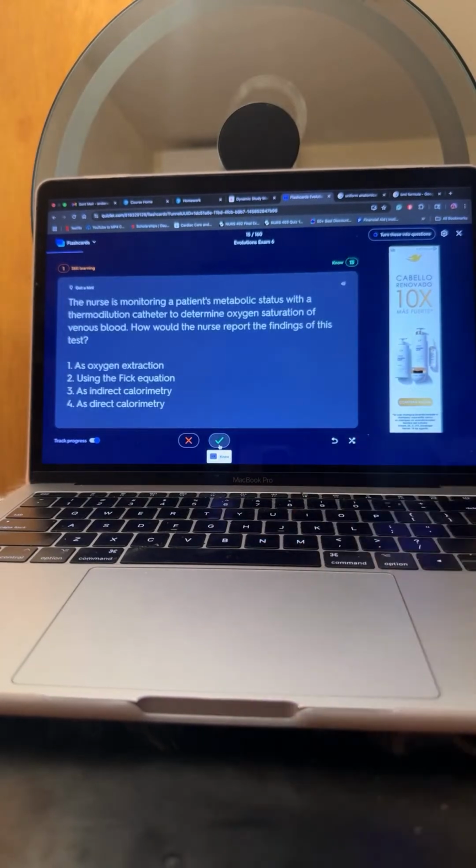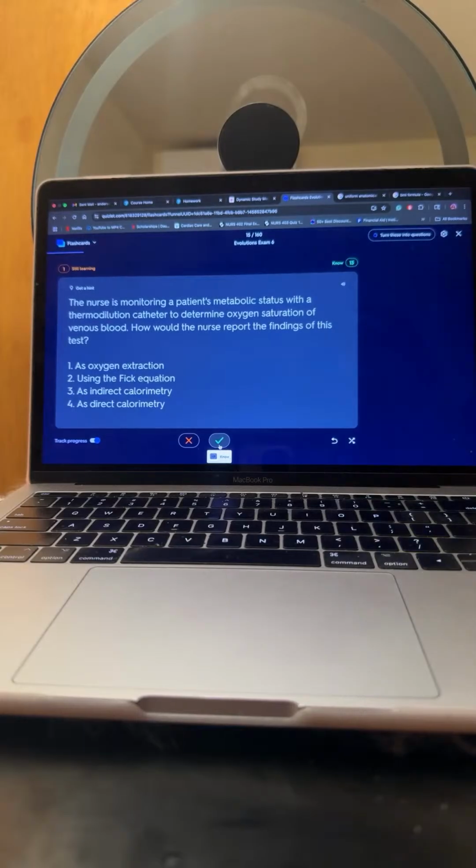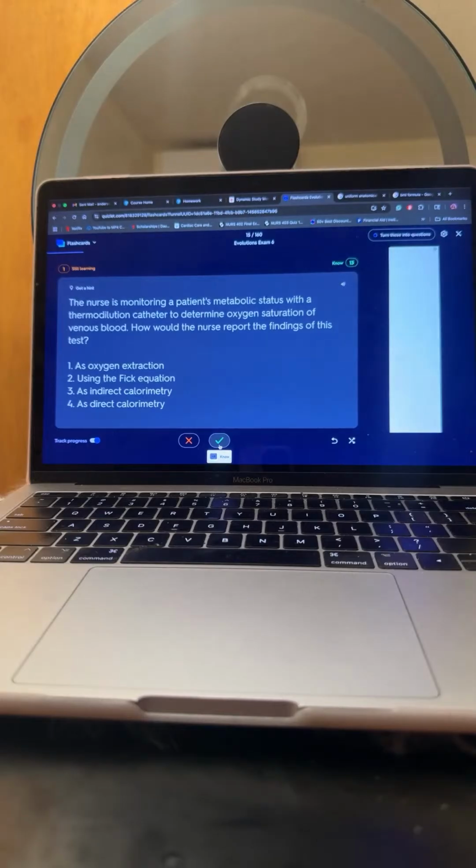Yeah. Okay. The nurse is monitoring a patient's metabolic status with a thermodilution catheter to determine oxygen saturation of venous blood. How would the nurse report the finding of this test?